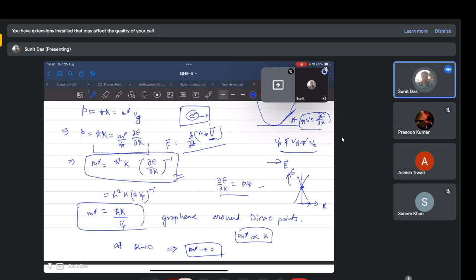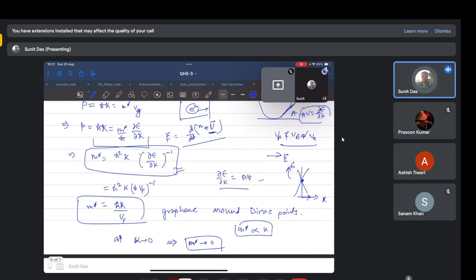No, I think you are talking about electron mass and hole mass, electronic charge and hole charge, electronic conduction and hole conduction, and so on. A similar concept is applicable here also. Here we just say that the conduction band carriers are the electrons and valence band carriers are the holes, basically.